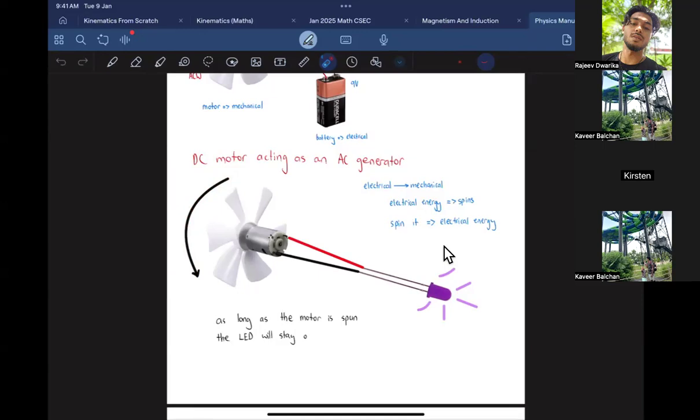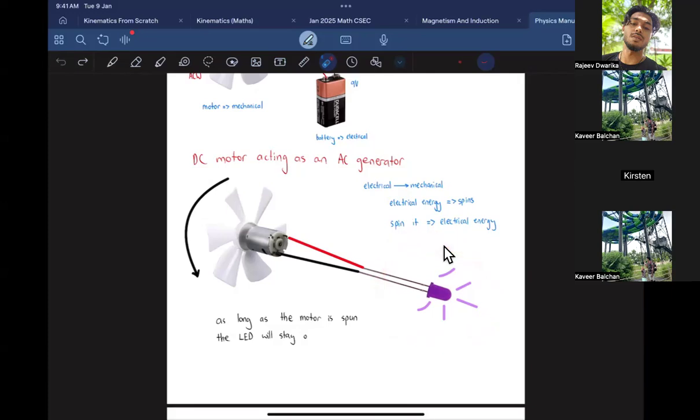Are you a robot? No, it's mechanical. We don't really have any batteries in our bodies. We don't work like that. Anytime something is in motion, anytime you're moving something physically, that's mechanical energy. So if you supply mechanical, what are we getting out of it, what would cause an LED to light?